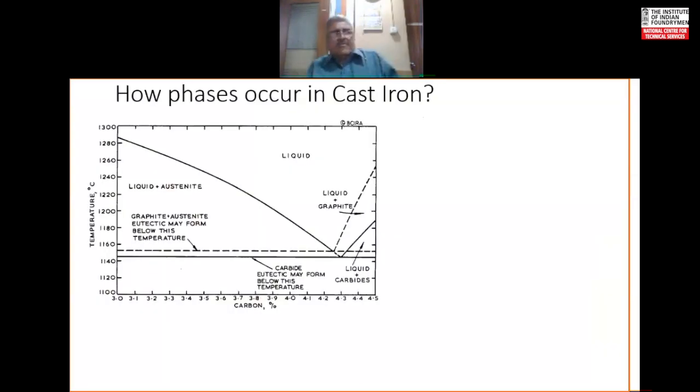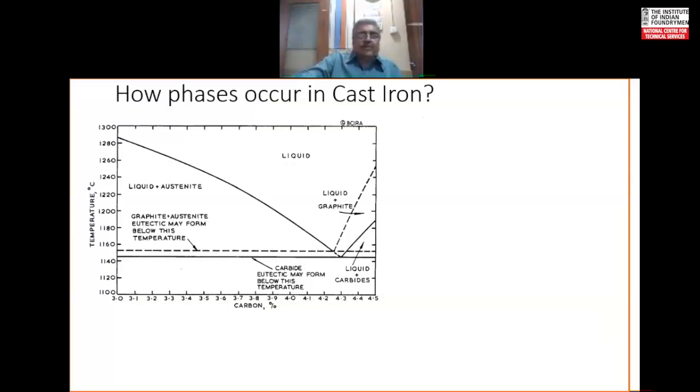Now, while I have very briefly touched upon how the phases occur in cast iron, I have taken a small portion, that is the cast iron range of the iron carbon diagram which we had seen earlier. Again, temperature is on the y-axis and carbon equivalent on the x-axis.